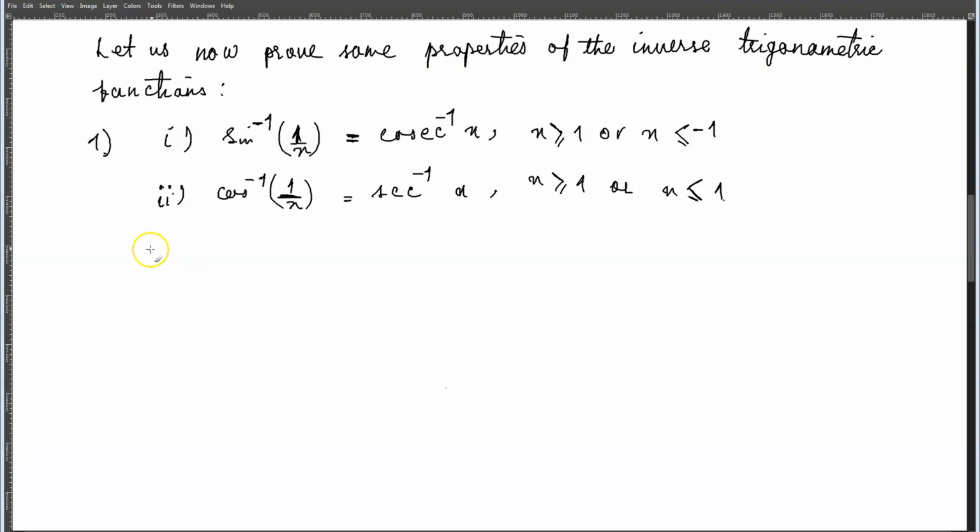And part 3 of this question is the tan inverse of 1 by x, which is the same thing as cot inverse of x for x greater than 0.